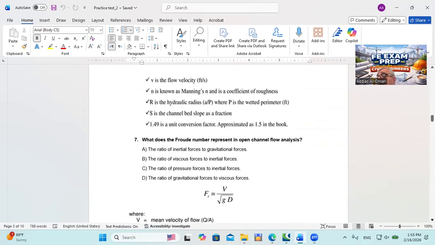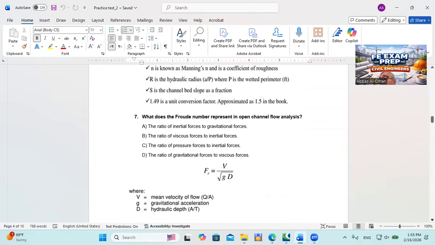The next question: what does the Froude number represent in open channel flow analysis? In open channels, the Froude number is used to classify flow. This is the formula for the Froude number: Fr equals the velocity divided by the square root of gD, where D is the hydraulic depth, defined as the cross-sectional area divided by the top width T, g is the gravity acceleration, and V is the flow velocity.